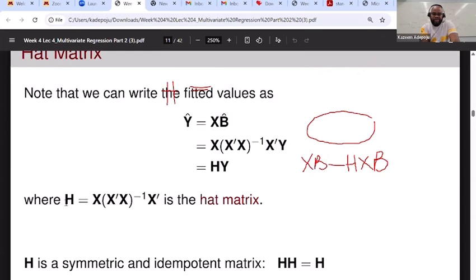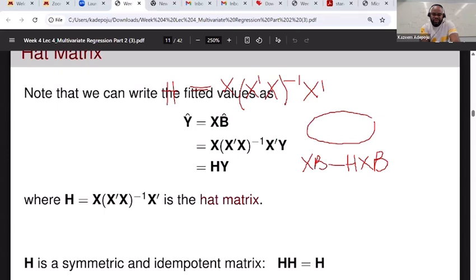So this is the hat matrix, H equals X, X transpose X inverse, X transpose.